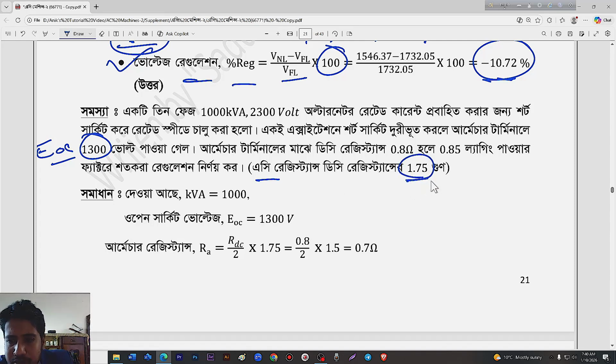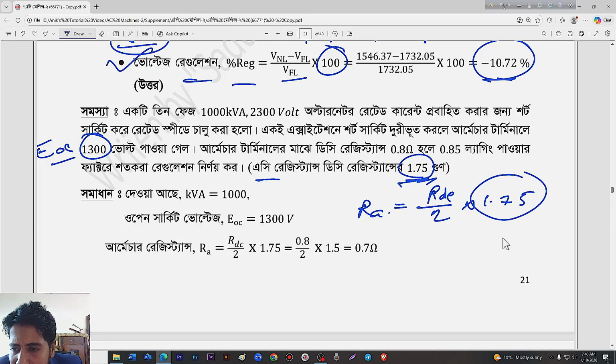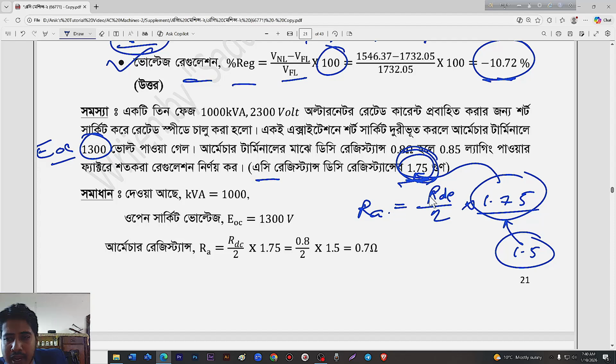That means RA equals RDC divided by 2, into 1.75, because we cannot use 1.5; the 1.75 times has been given here. That's why we have to use this formula, and this is the question.